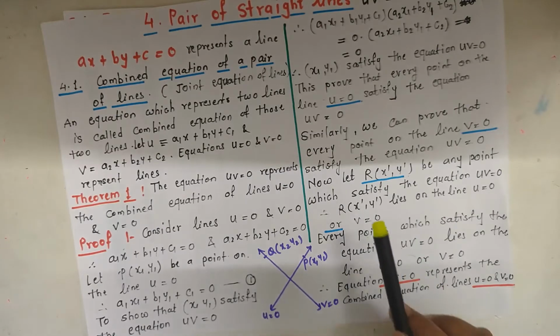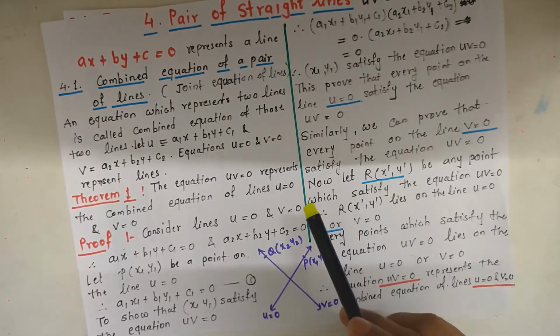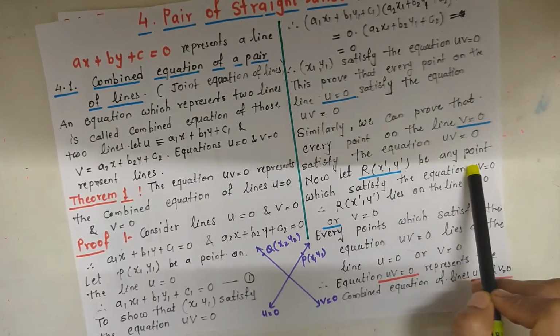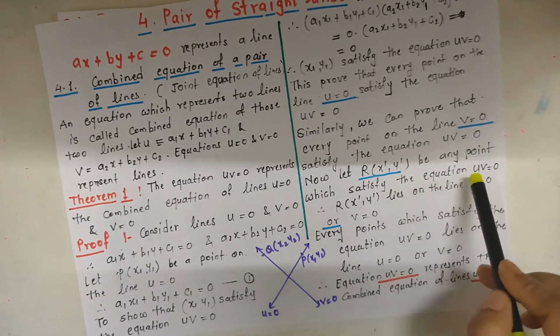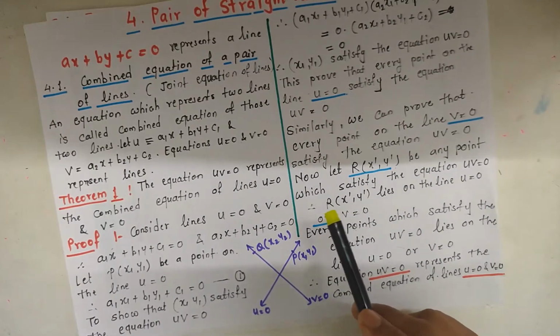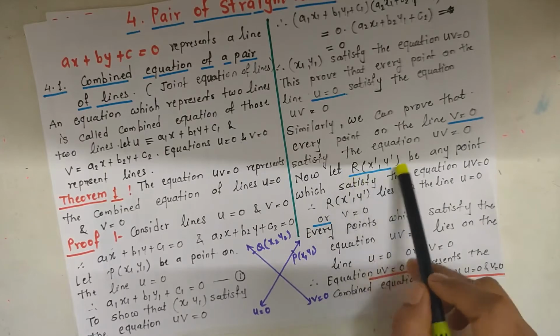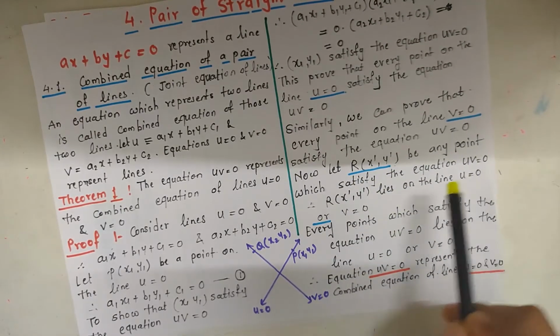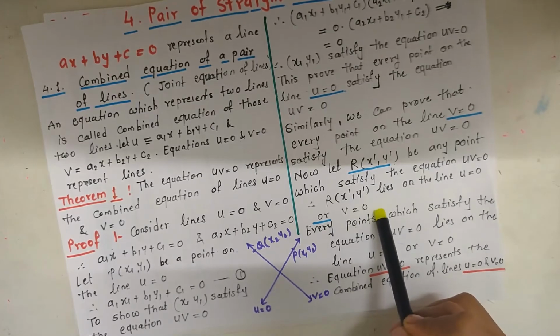Now the converse part of this theorem is: suppose R(x', y') be any point which satisfies the equation u into v = 0. Then we can say that this point lies on one of the lines, u = 0 or v = 0.